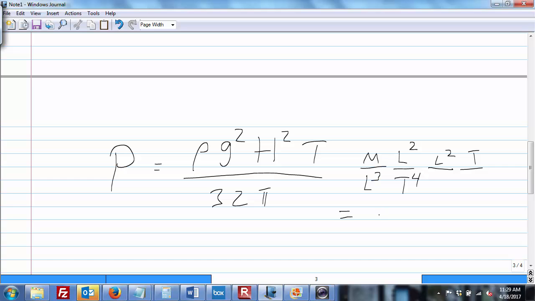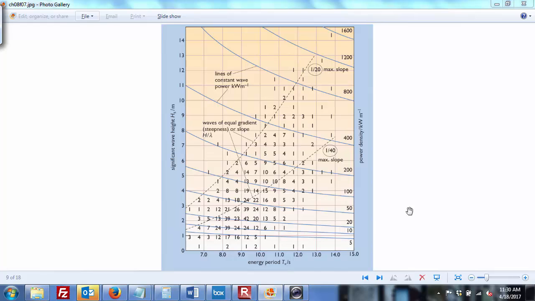Yeah, so let's simplify. So we got mass length over T cubed. And if you remember, power is mass length squared over T. So we're essentially missing a length there, which makes sense because right there you've got kilowatts per meter.